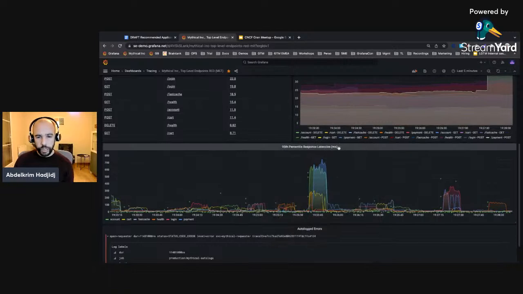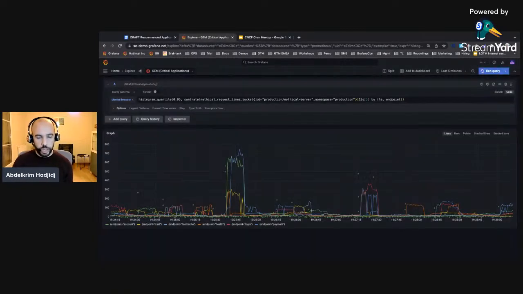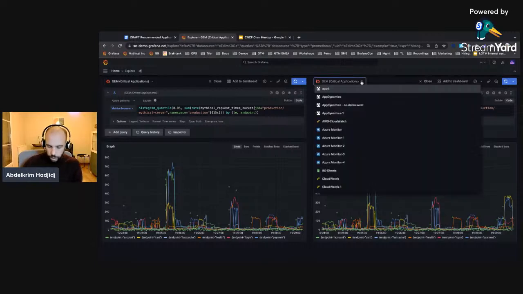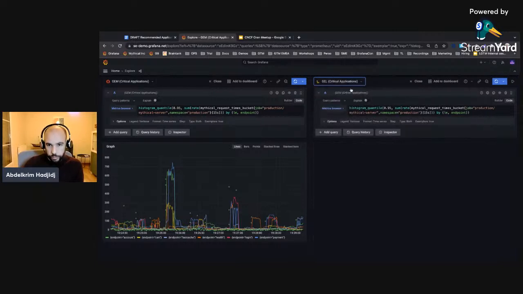The other workflow, the one I like more, is this one. The dashboard tells you that there is a problem, and then you can go into the explore mode to start investigating. So here, it's clear that we have different endpoints, and there is a problem around this time, but it's not really clear what's happening. So what you can do is split your screen and go into the logs, so Loki.